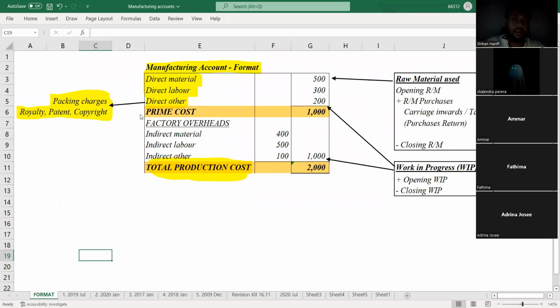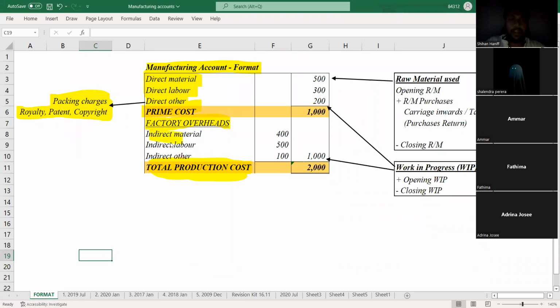Then to the prime cost, we add factory overhead costs. What are these? These are overheads that you can't directly identify with the final product. Examples are electricity, water, rent. Those costs are called factory overhead cost, including depreciation.